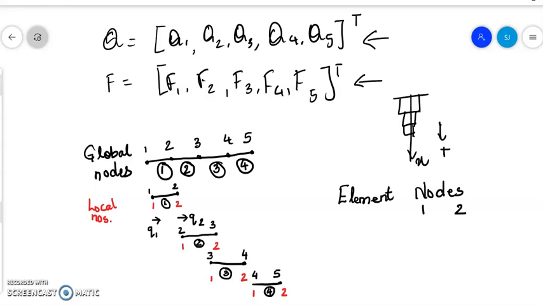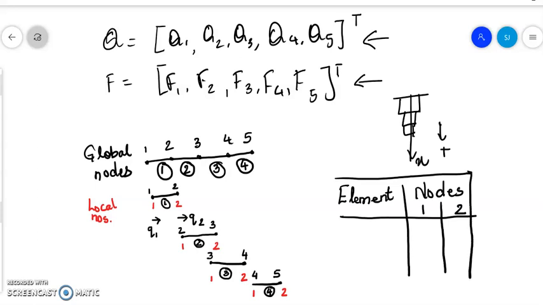Now we have node 1 and node 2 for each and every element. So here this corresponds to the local numbers.